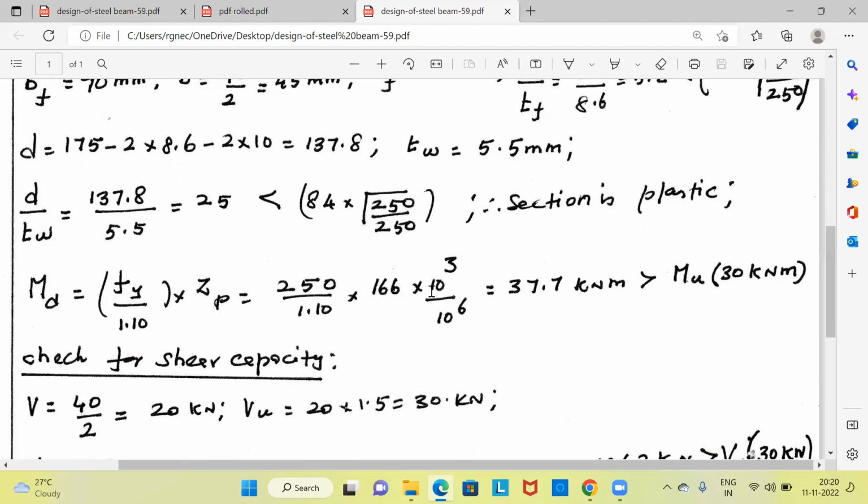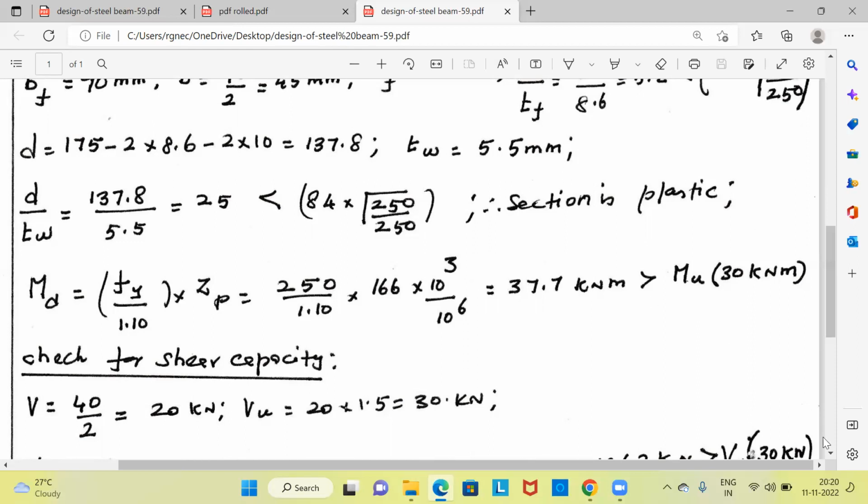To convert this into millimeter cube, multiply this by 10 power 3. You will get this moment capacity in Newton millimeter. Then you divide this by 10 power 6. You will get the moment capacity in kilonewton meter, 37.7. This is higher than the design moment of 30 kilonewton meter. That means it has passed the check for bending capacity.